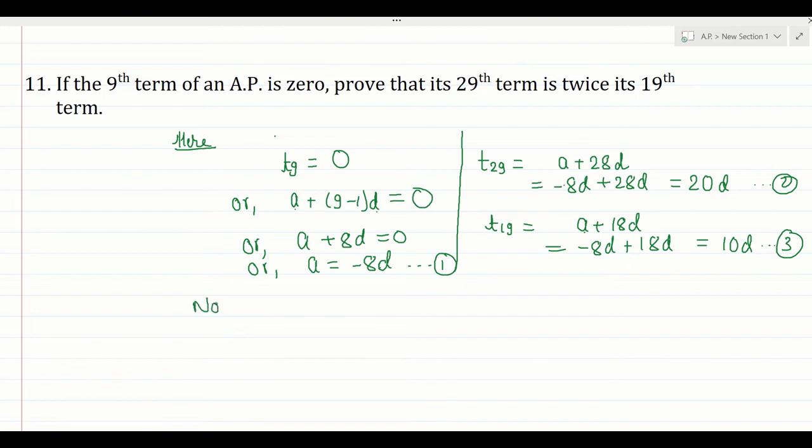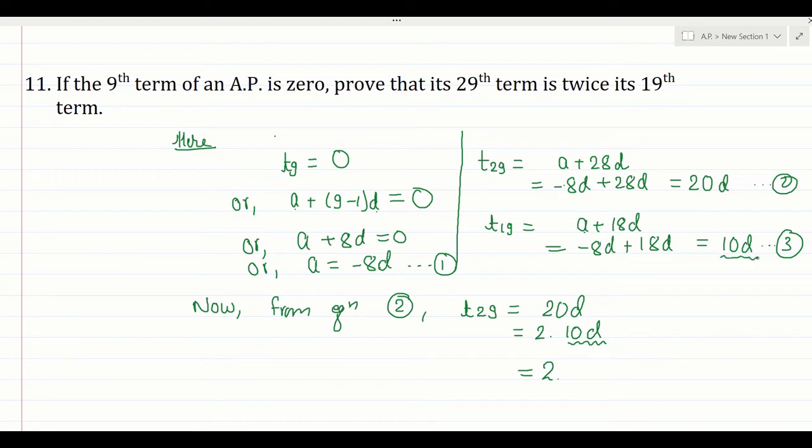Now from equation 2, T29 is equal to 20D. 20D means 2 into 10D. Isn't this equal to 2 into 10D?